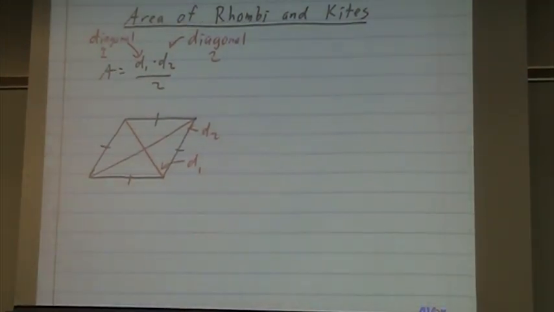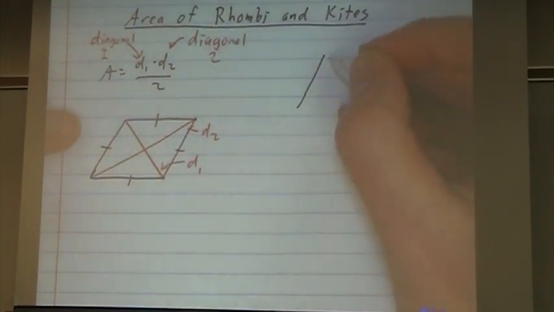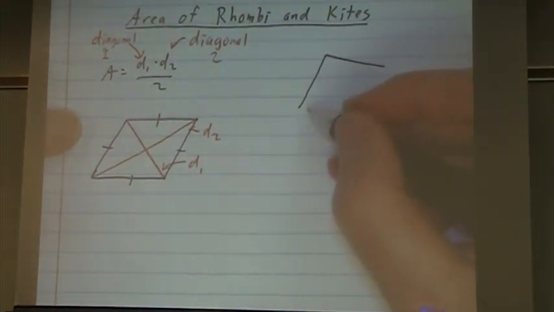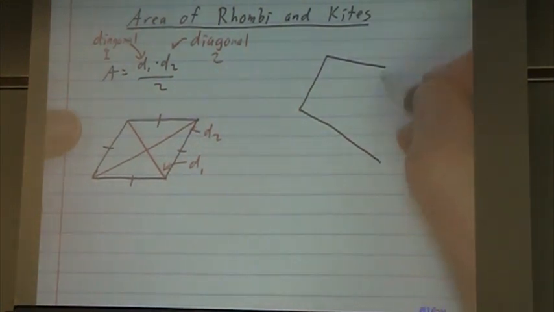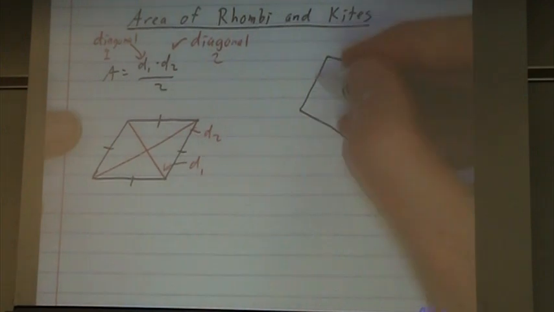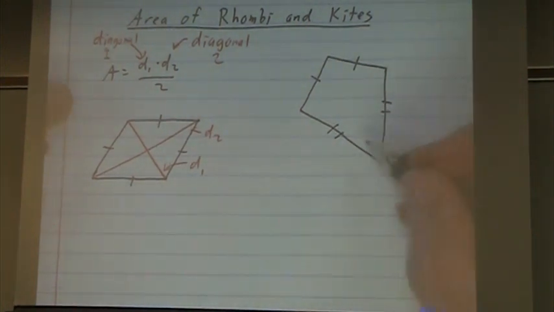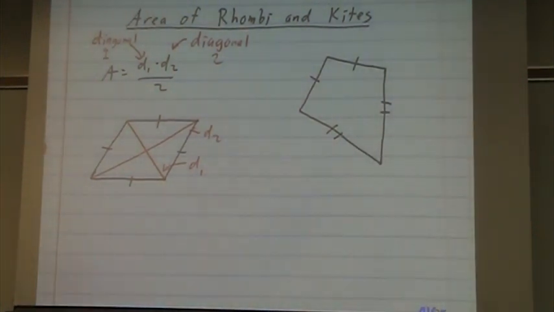The kite uses the same formula, and I will draw it just so you have a picture. So here's our kite. And remember, a kite has 2 sides that are the same next to each other in one spot, and then 2 sides that are the same touching in a different spot.